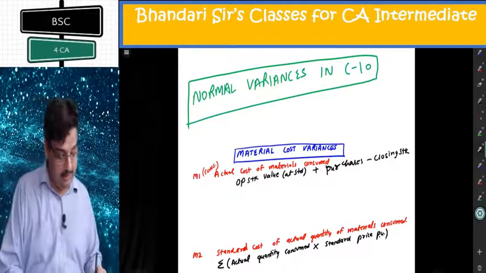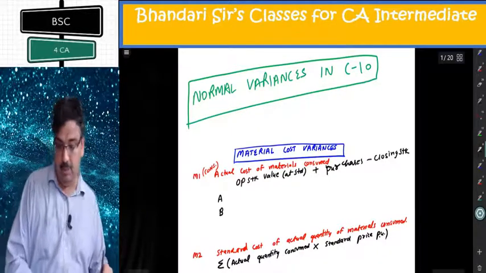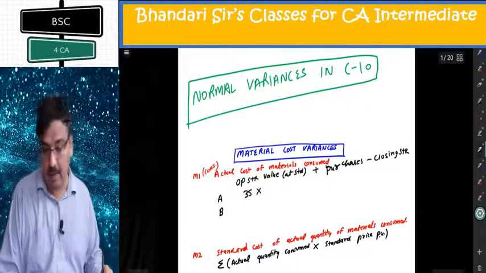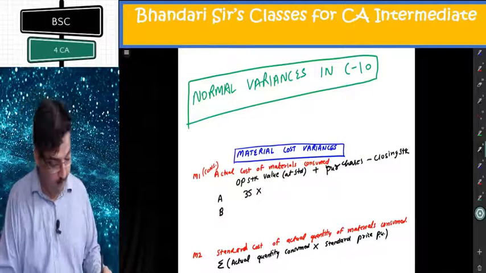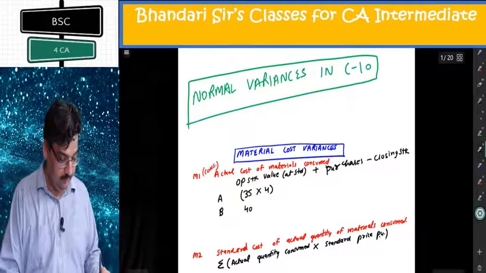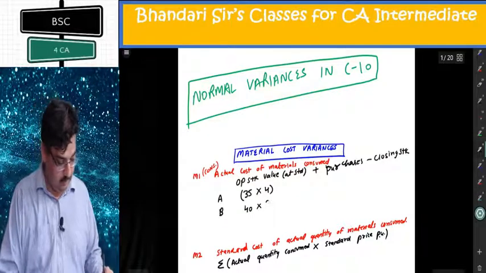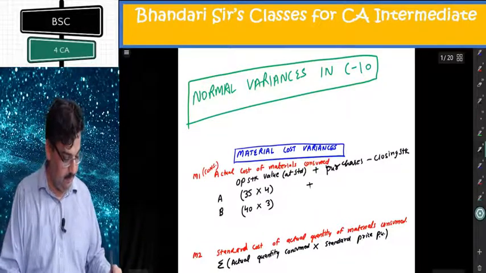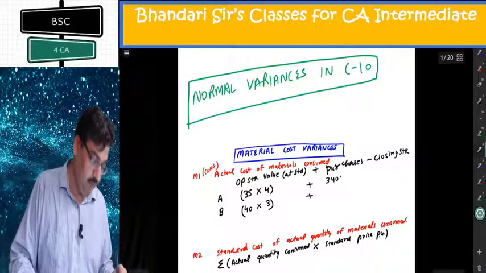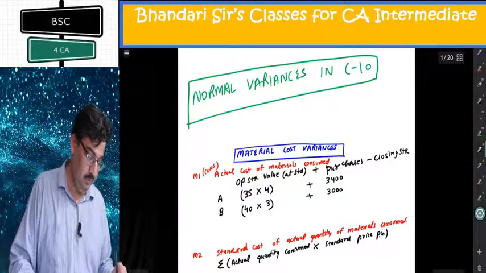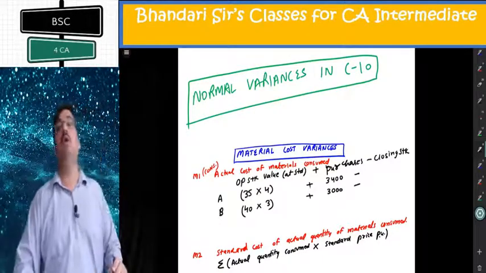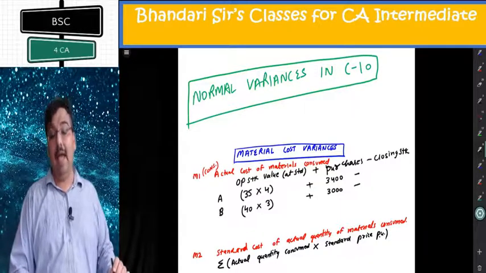Opening stock value at standard for A as well as B: 35 kg measured at standard rate 4 per kg, and 40 kg measured at 3 per kg, plus actual purchases 3400, 3000, minus closing stock. When we are following FIFO, it is at actual rate.